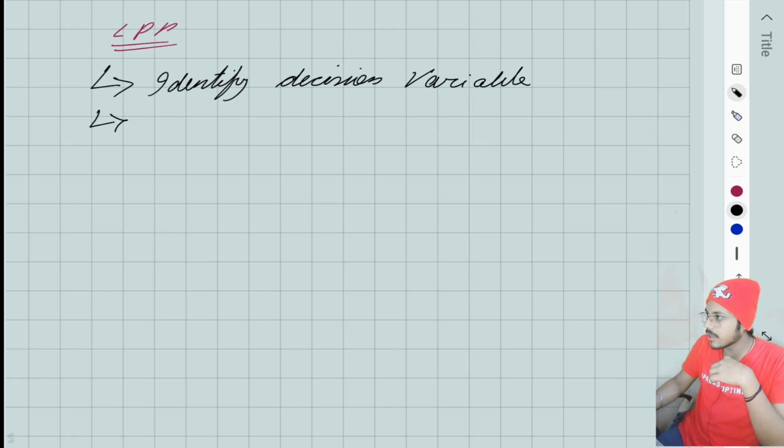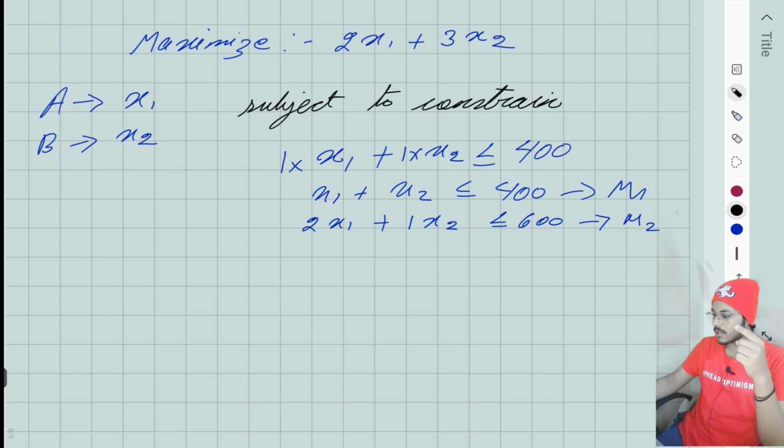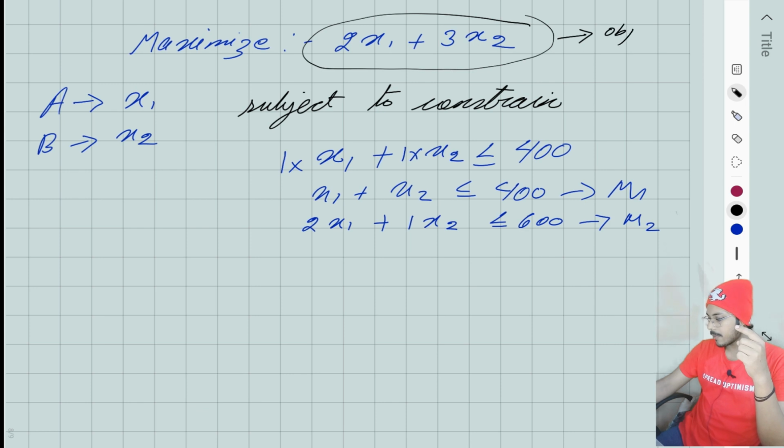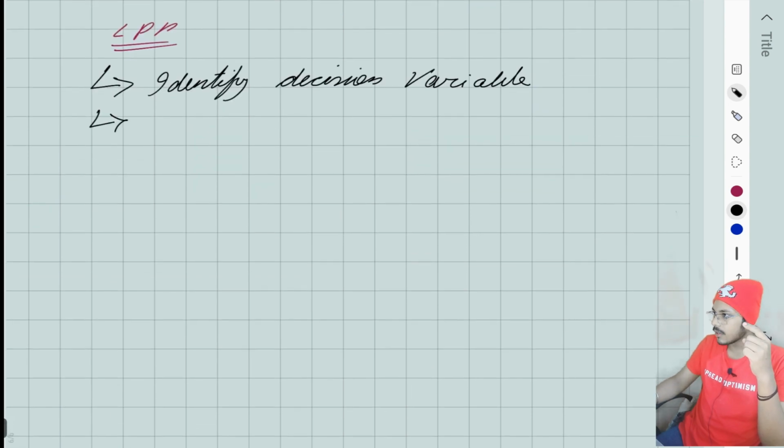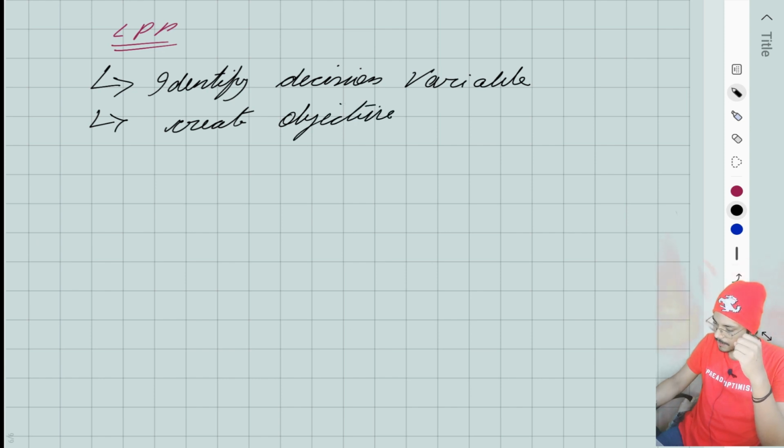The second thing is create objective function. In the previous problem, what was the objective function? This was the objective function to maximize. So create objective function.